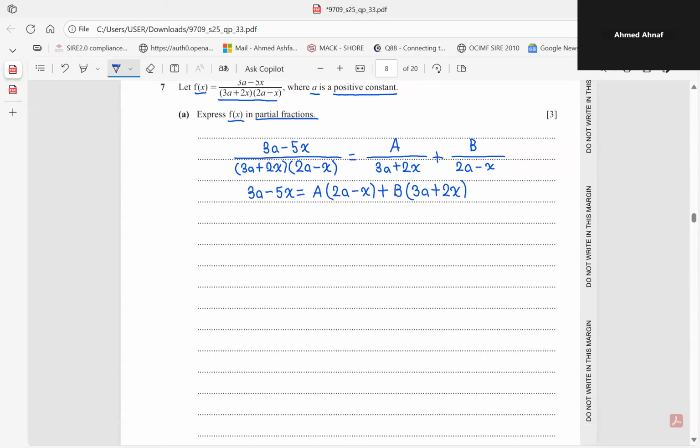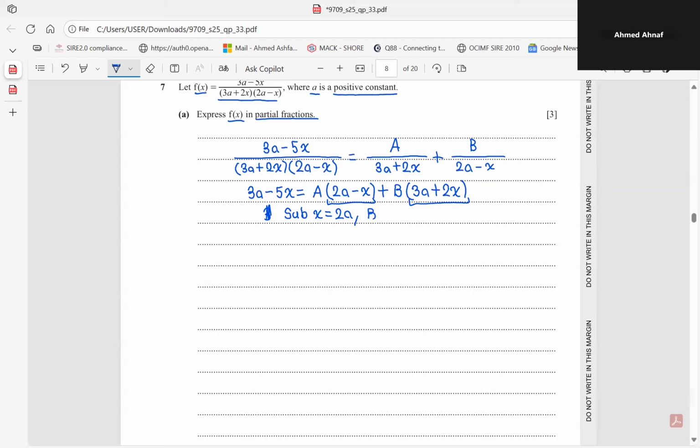Now what we have to do is choose a value of x that makes either one of these factors 0. Then we only have to solve for one of the unknown constants. So first we're going to substitute x equals to 2a. It will make the first factor 0. So we only have to find B.